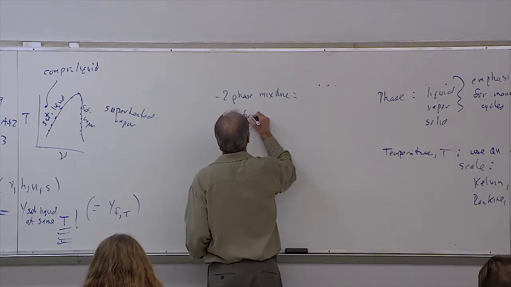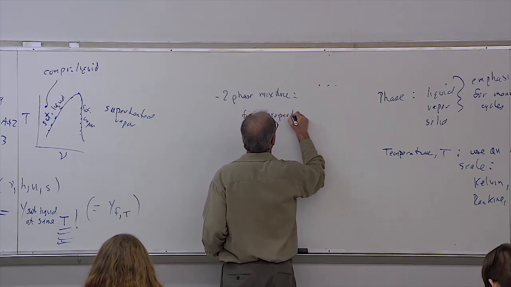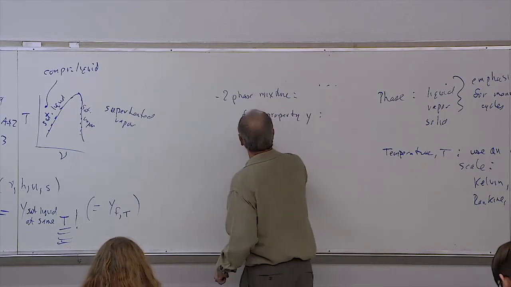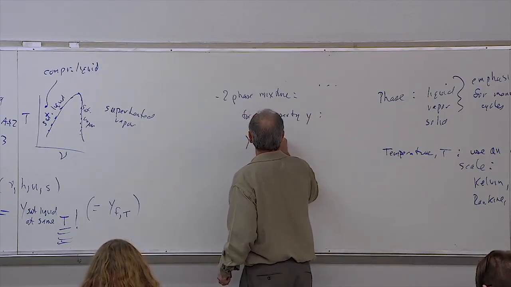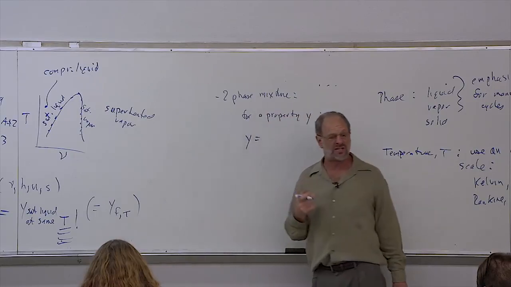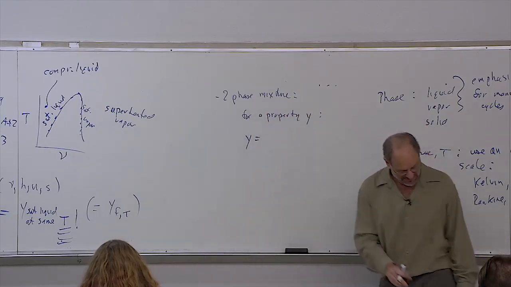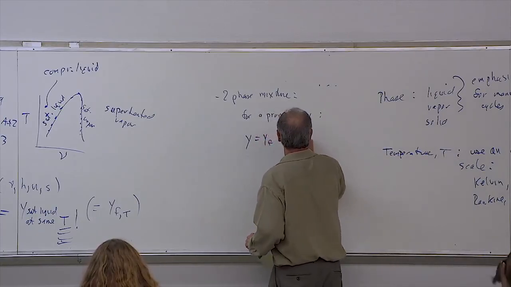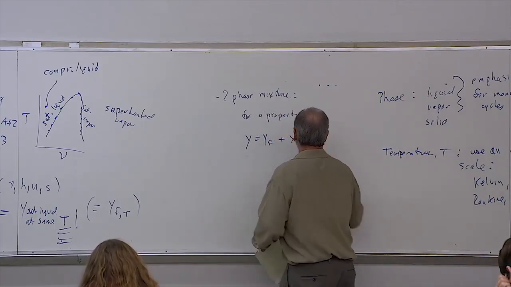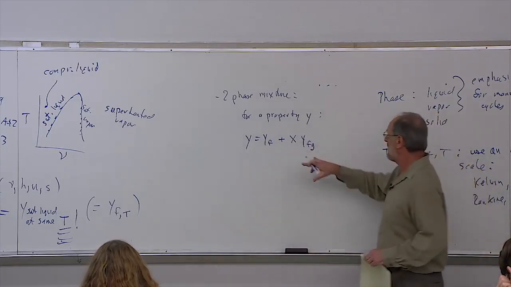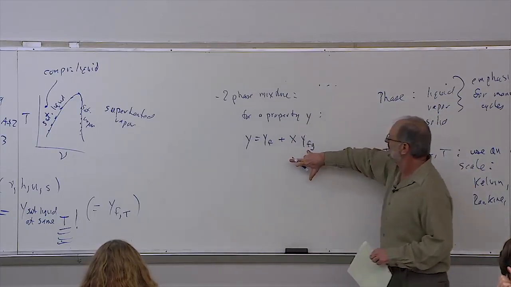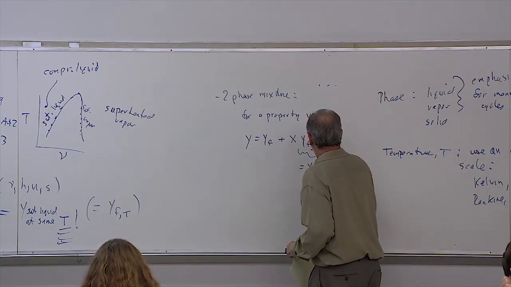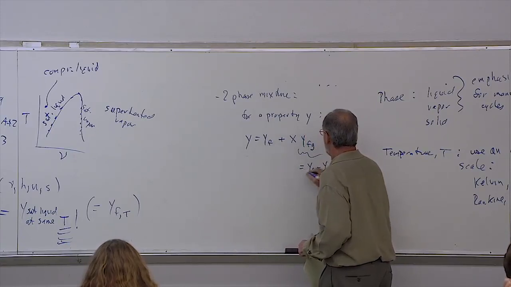So again, for a property y, again, anything v, h, u, s, then it's going to equal the value of the saturated liquid, and we would call that y_f, plus the quality times y_fg. Okay. Now again, f means saturated liquid. The subscript fg is actually the difference between the saturated vapor and the saturated liquid portion, right?